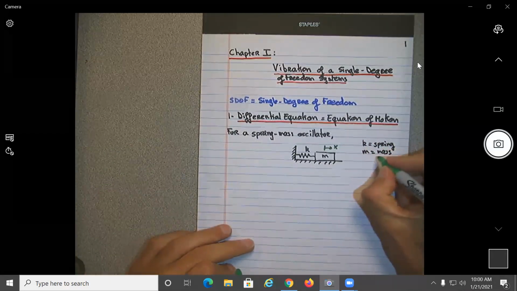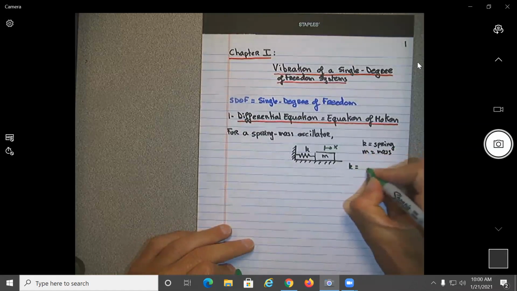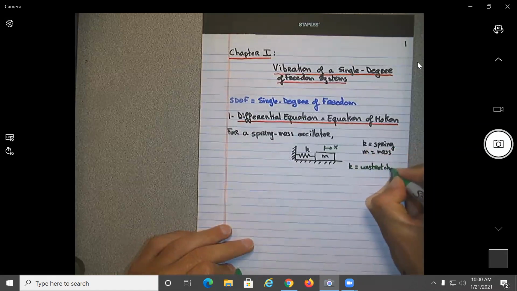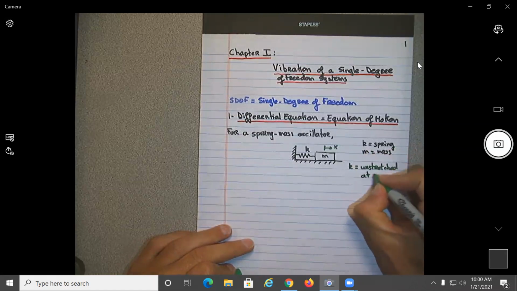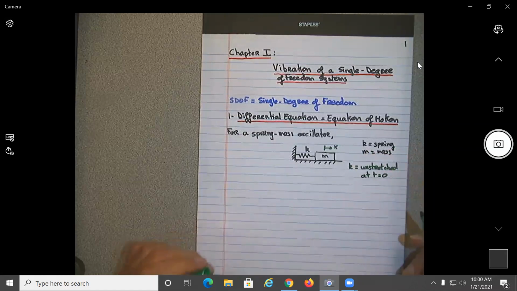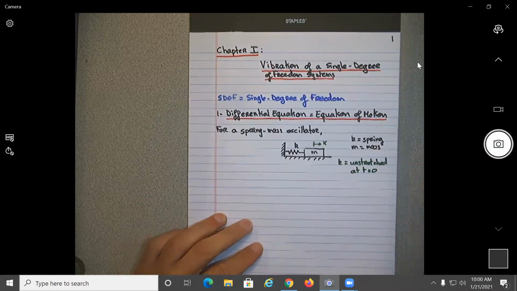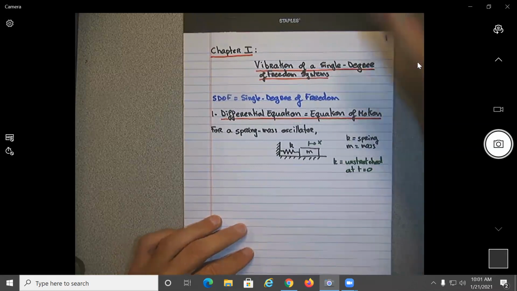Let's say the spring K is unstretched at t equals 0.